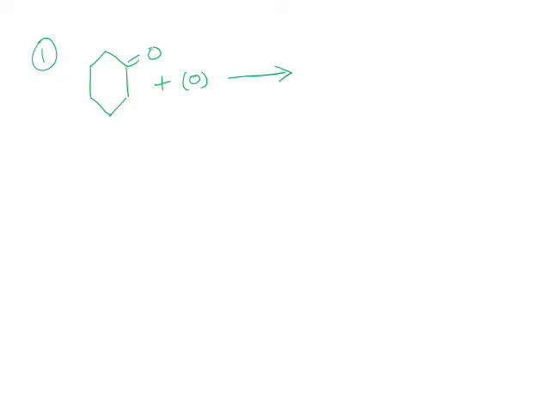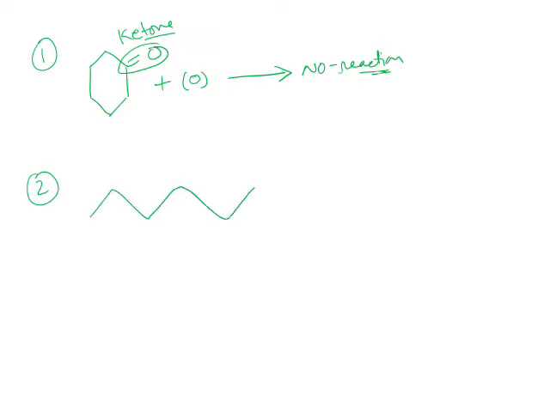The time I see this is a ketone, I'll just write no reaction, because this is a ketone, right? What about this? If I do oxidation, again no reaction, because this is a ketone again, right?